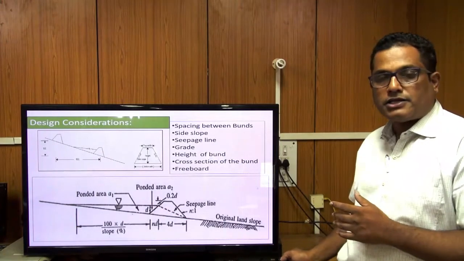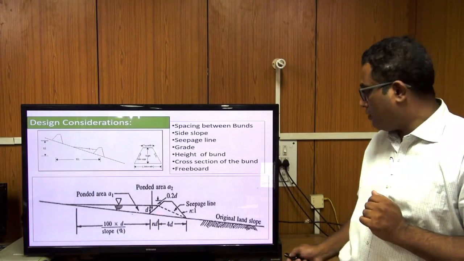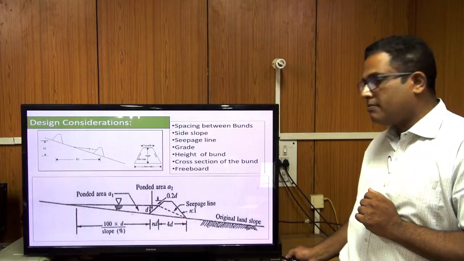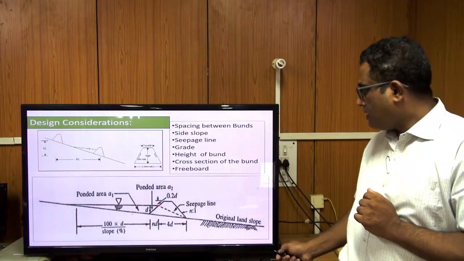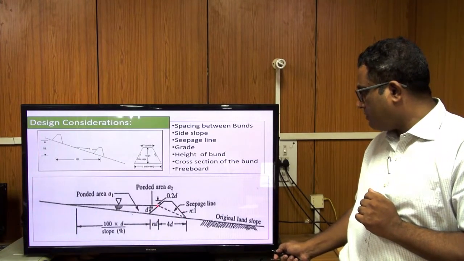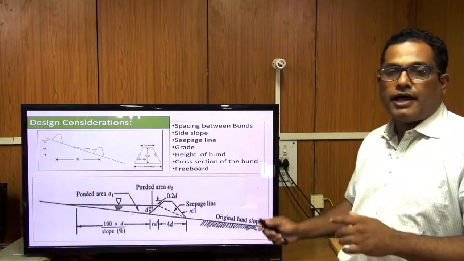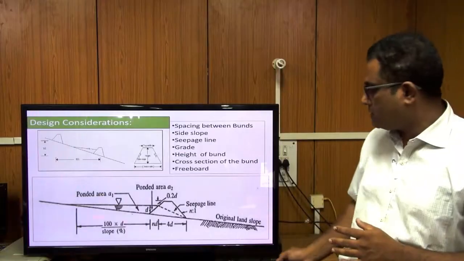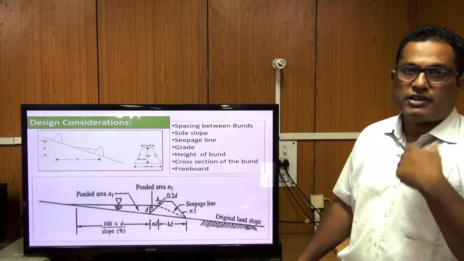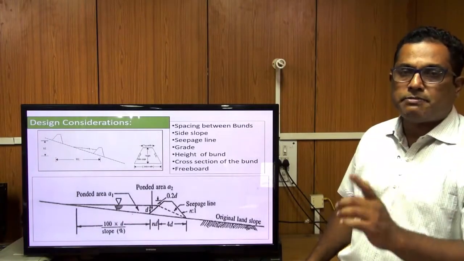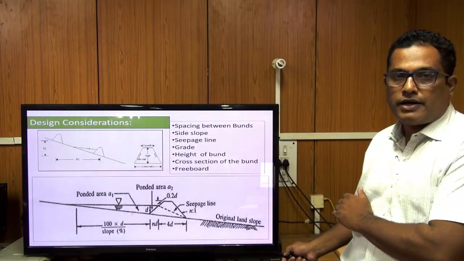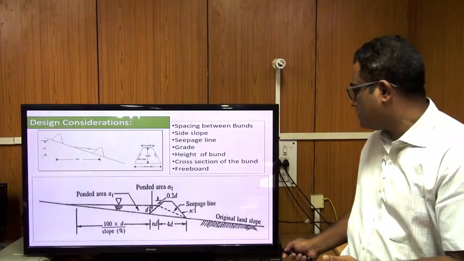This seepage line has to be taken care of, and it should always pass through the bottom at the downstream side. It should not be like this. If the seepage line goes like this, then there would be undercutting of the bund and the bund will be damaged. So it is very important to keep the seepage line within the base of the downstream side slope.